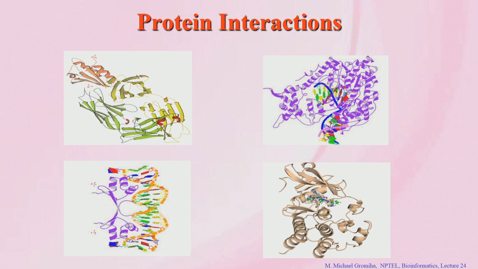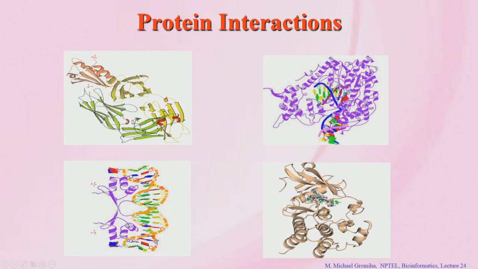Fine. So, today we will discuss protein interactions. Proteins interact with several other molecules, biological molecules and chemical compounds, for various functions like protein interactions, protein RNA interactions, and protein DNA interactions.